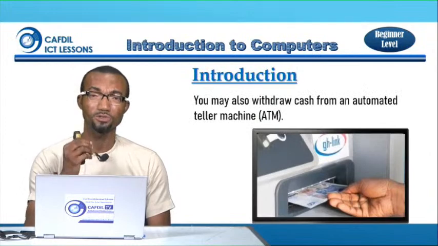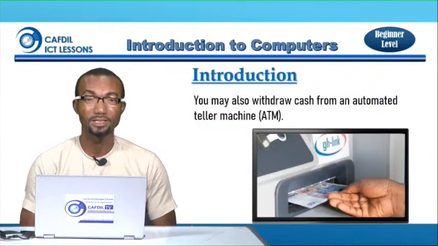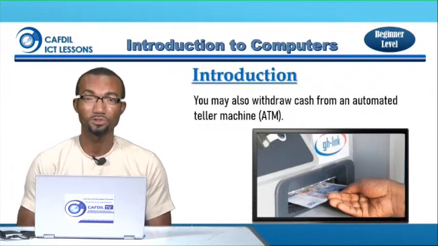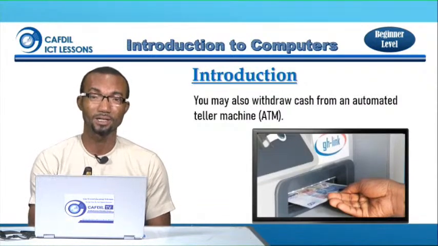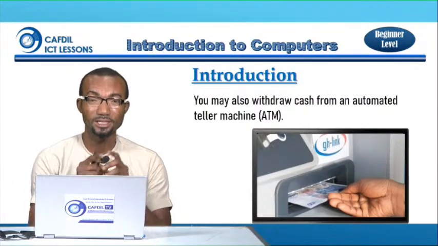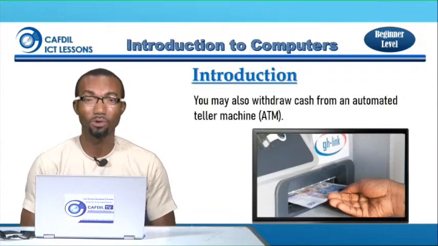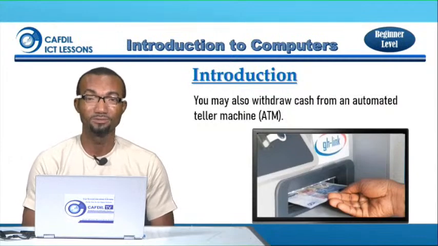You may also withdraw cash from an automated teller machine, that is ATM. Normally when you go to the bank, not everyone enters the banking hall to transact business. You can see a small machine fixed on the wall where people can cash out money from that device.